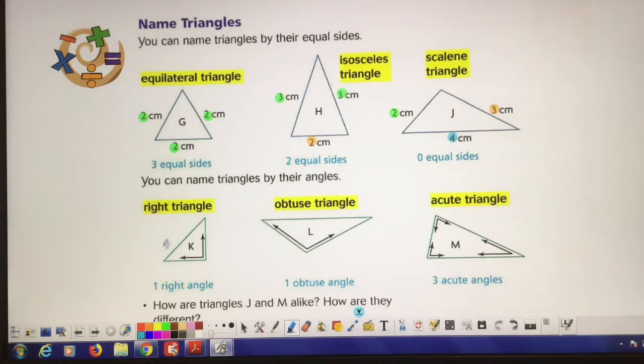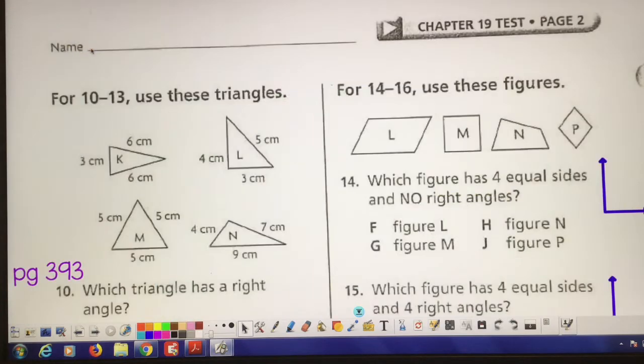So remember, we have a right angle, which is a perfect corner. We have an obtuse angle, which is bigger than a 90-degree angle. Or you have 3 acute angles. Remember, they're small angles. They're smaller than 90 degrees. So we need those definitions for 10, 11, 12, and 13.